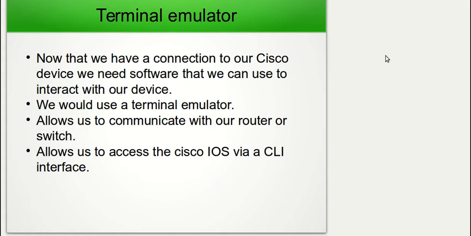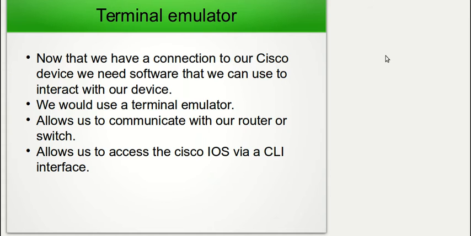Cisco IOS is the operating system running on the Cisco device, which allows us to interact with that device and configure different features. You could think of it like how Windows 7 runs on a PC, allowing us to access different applications and different features, or like Windows 10 or any of the Linux-based operating systems. Cisco IOS is a specialized operating system made for Cisco devices, for Cisco routers and switches.